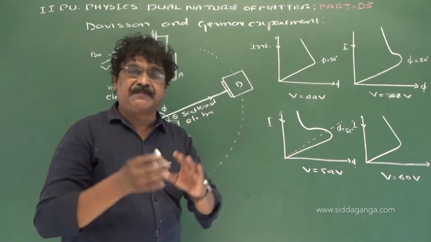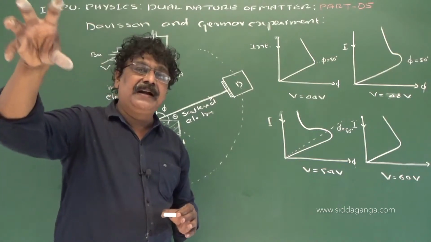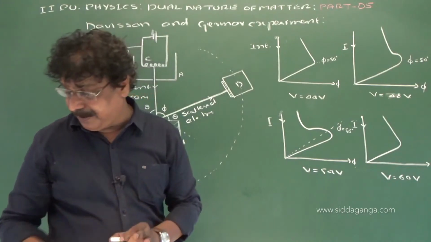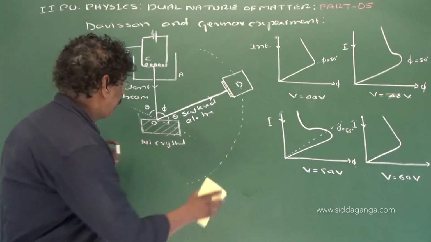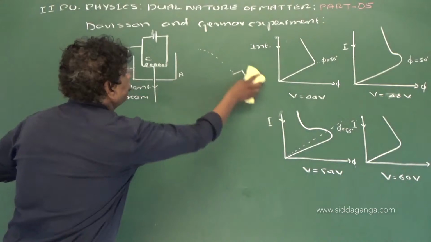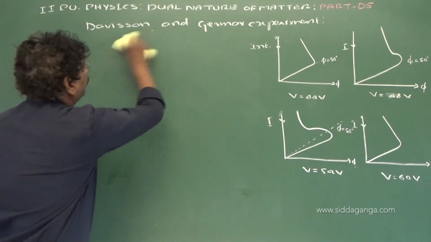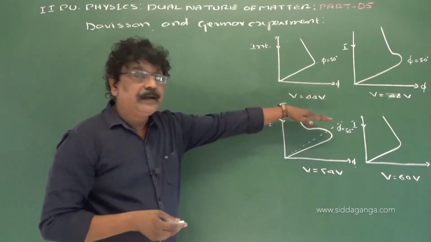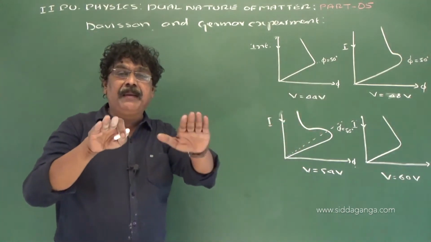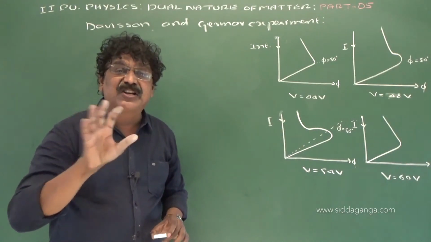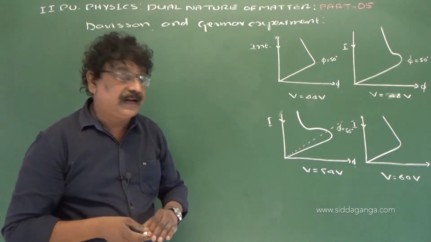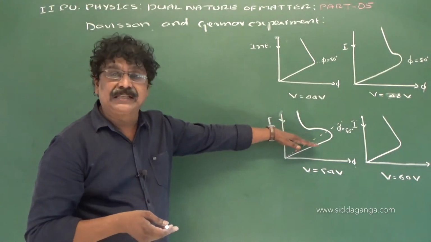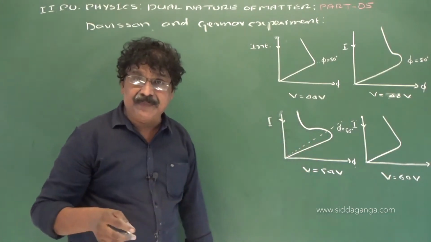Even in a diffraction experiment, at different angles of diffraction, the intensities will be different. Now this maximum intensity may be due to diffraction of electron within the atomic planes of the nickel crystal.